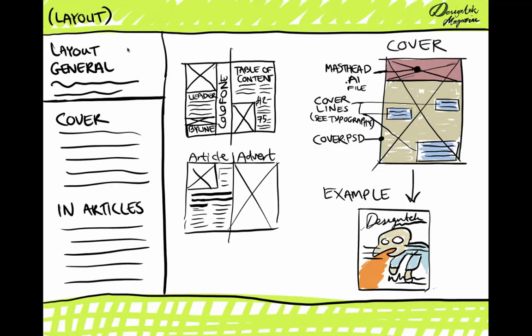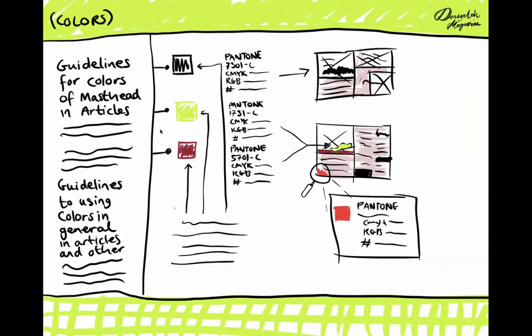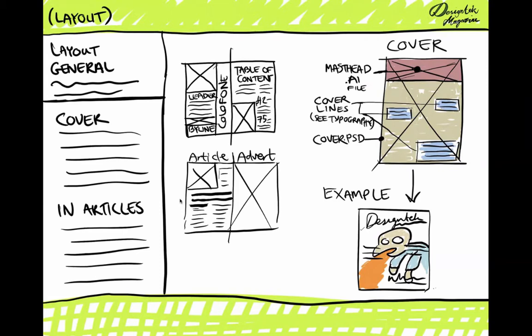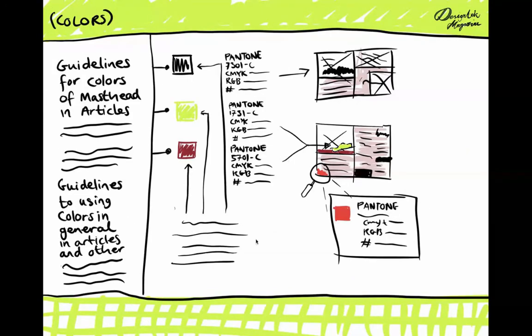So perhaps some specific layouts in your magazine also have specific colors that they always use. That would perhaps be more logical to explain in the chapter about the layout. But it's up to you. You could also have it as examples as part of the colors chapter.